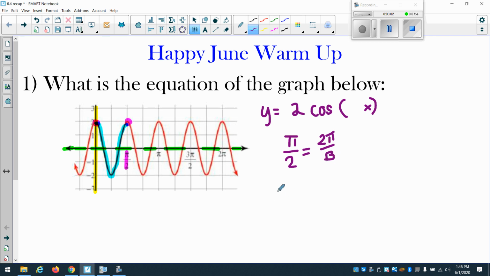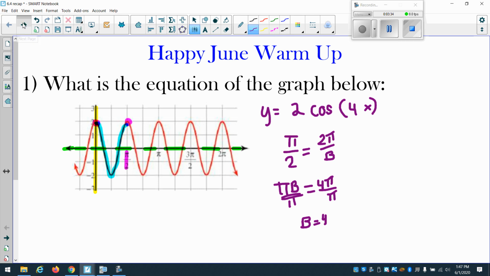So here you cross multiply and get pi times b equals 4 pi, divide by pi, and b equals 4. So the equation for this graph is y equals 2 cosine 4x. So that's how you find your equation step by step, okay?